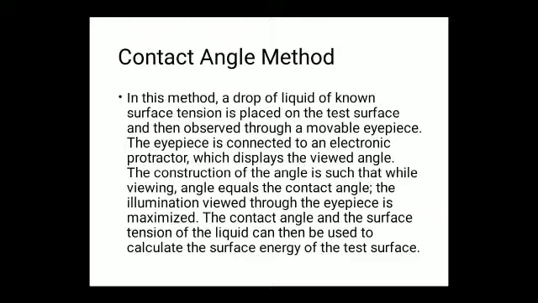The construction is such that when the viewing angle equals the contact angle, the illumination viewed through the eyepiece is maximized. The contact angle and the surface tension of the liquid can then be used to calculate the surface energy of the test surface.